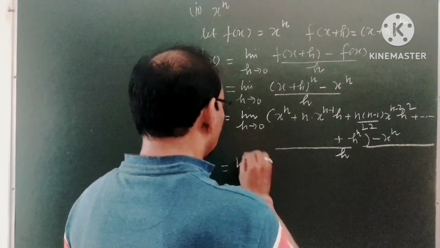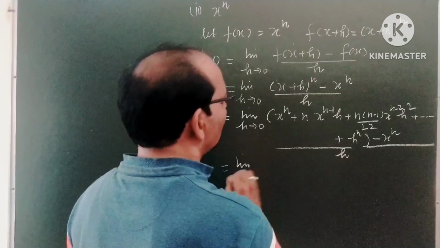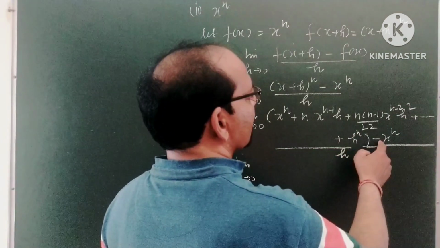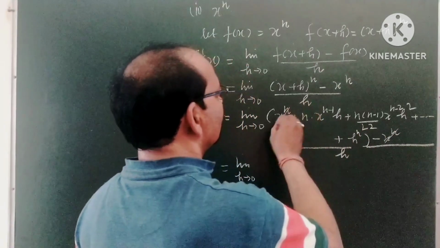After simplifying, x raised to n minus x raised to n will be cancelled.